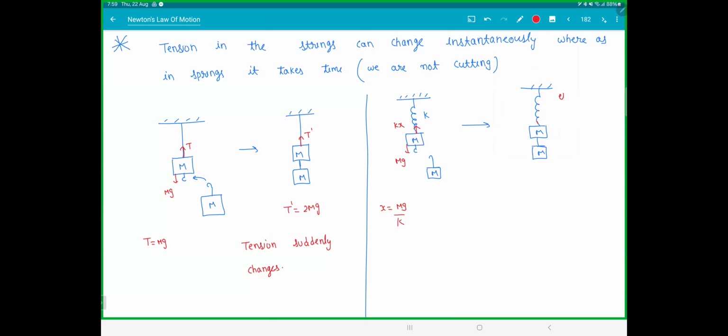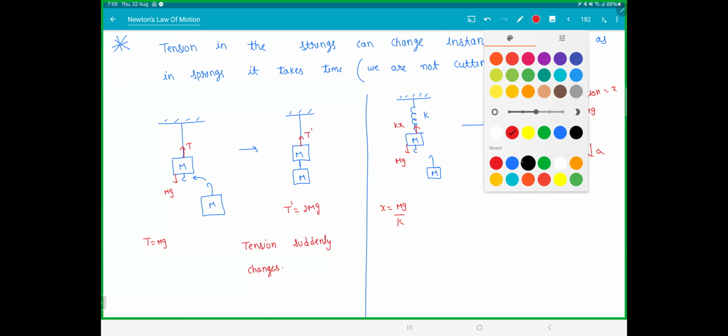The elongation is still the same. Elongation cannot suddenly change. So spring force will still be Kx is equal to Mg. So this guy will apply Kx and the total weight will be 2Mg. So this whole system will accelerate downward.